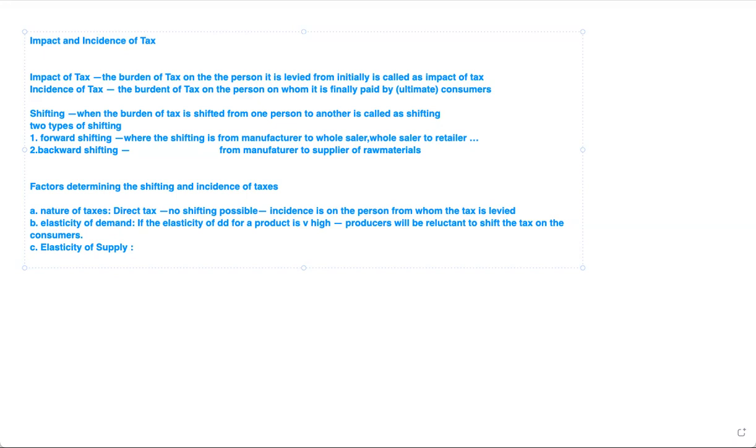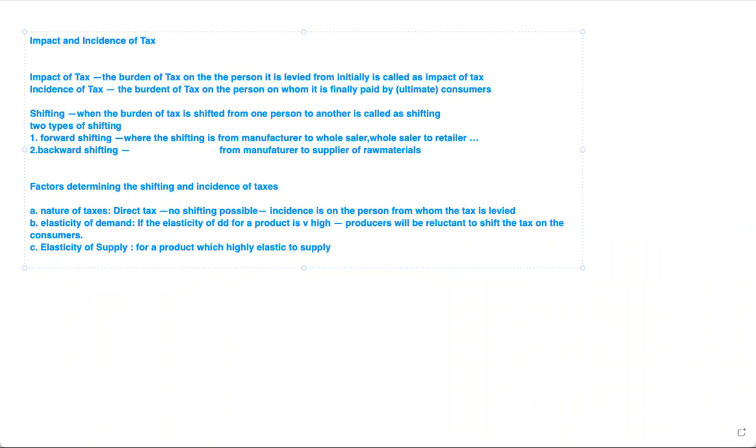Class, for a highly elastic supply for a product, I'll write like this, product which is highly elastic to supply.